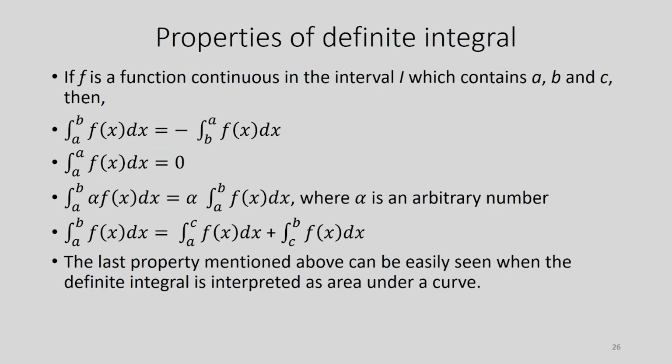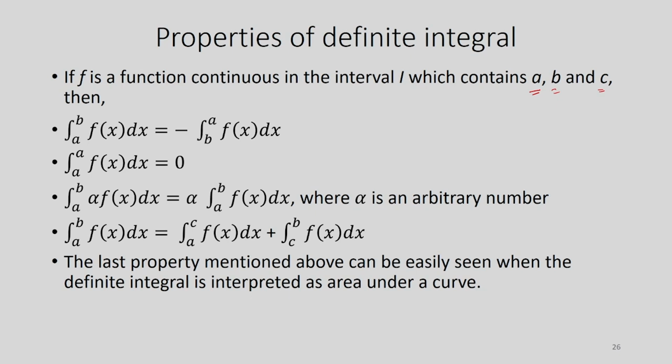Okay, we now talk about properties of definite integral. If small f is a function continuous in the interval I, which contains 3 points, let us say small a, small b, small c, then integration of a to b f(x) dx is equal to minus of integration of b to a f(x) dx.